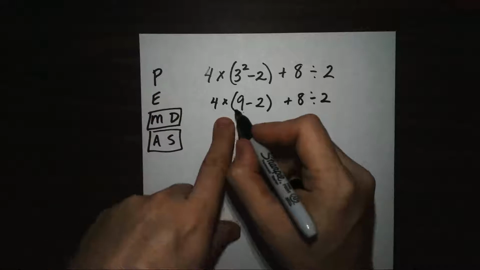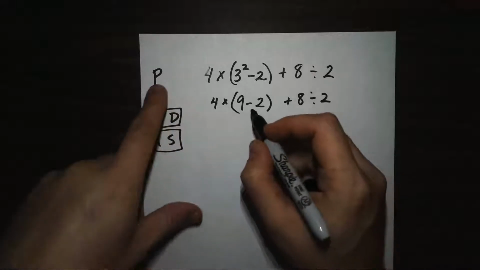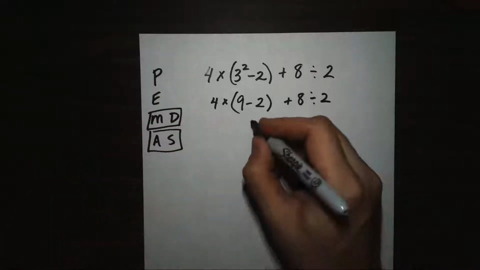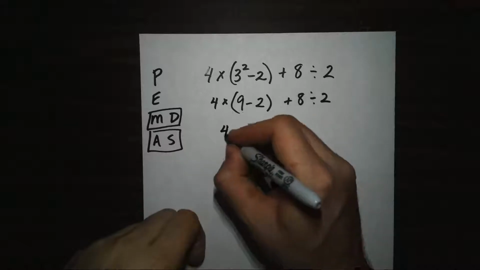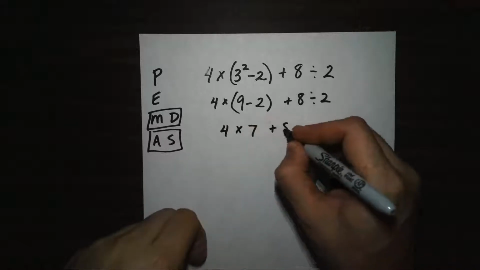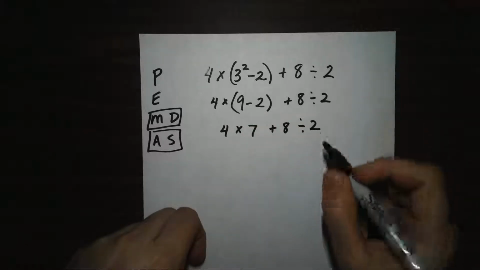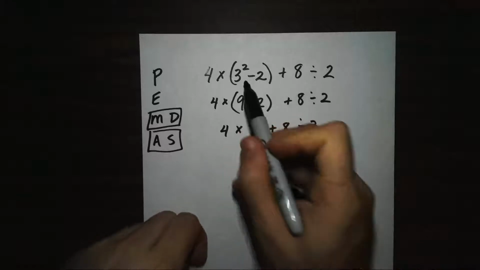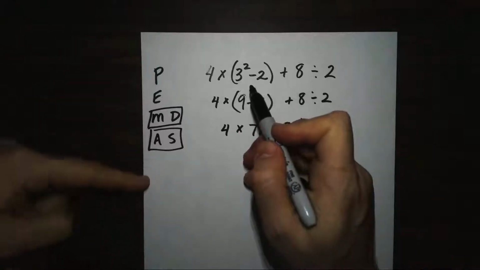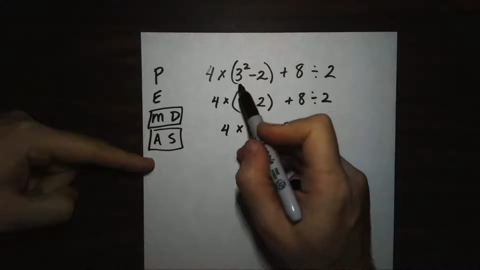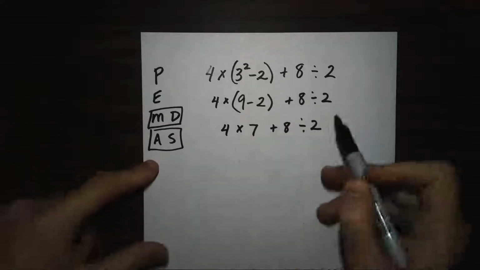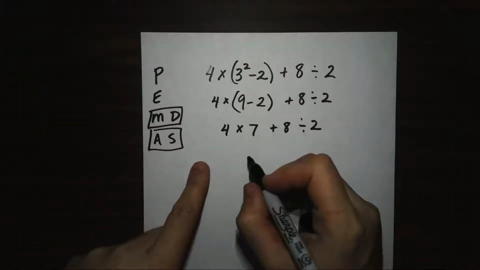So I'm still going back inside these parentheses and doing everything in them first. So 9 minus 2 gives me 7 in there. So basically, when I see parentheses, I go inside the parentheses, follow all the order of operations to get everything in the parentheses done, then I can go back to the rest of my expression.